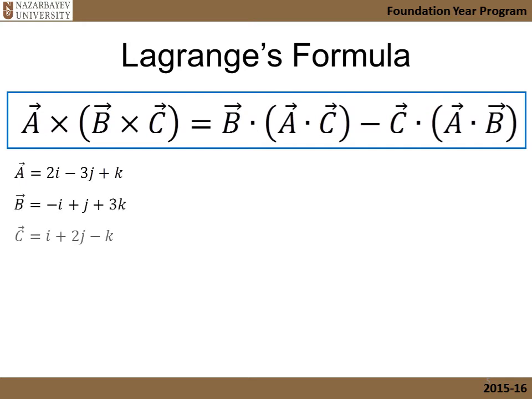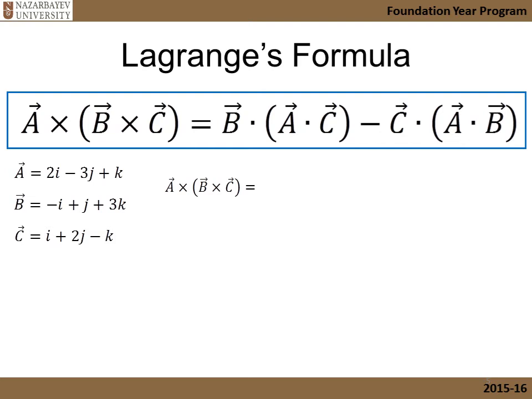If we take these vectors a, b and c, which are equal to 2i minus 3j plus k, and minus i plus j plus 3k, and i plus 2j minus k, we can check this formula, and let's start with the left hand side of this expression.